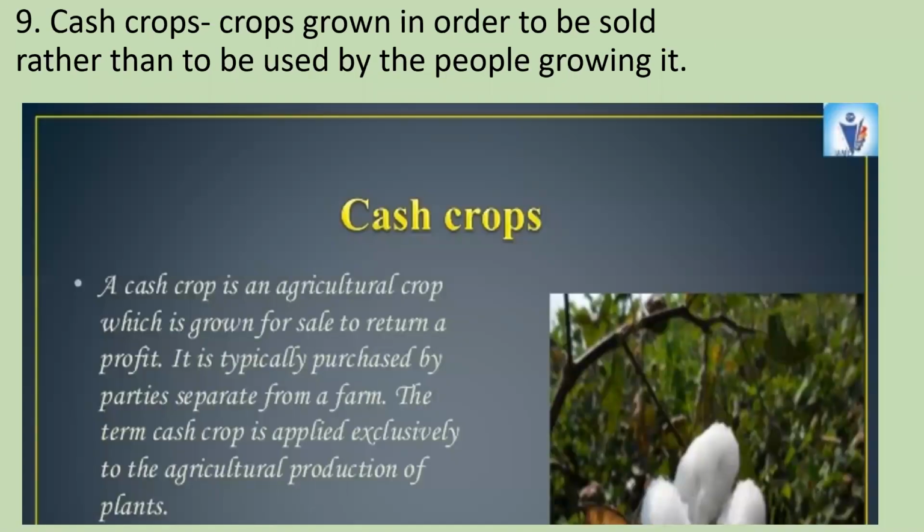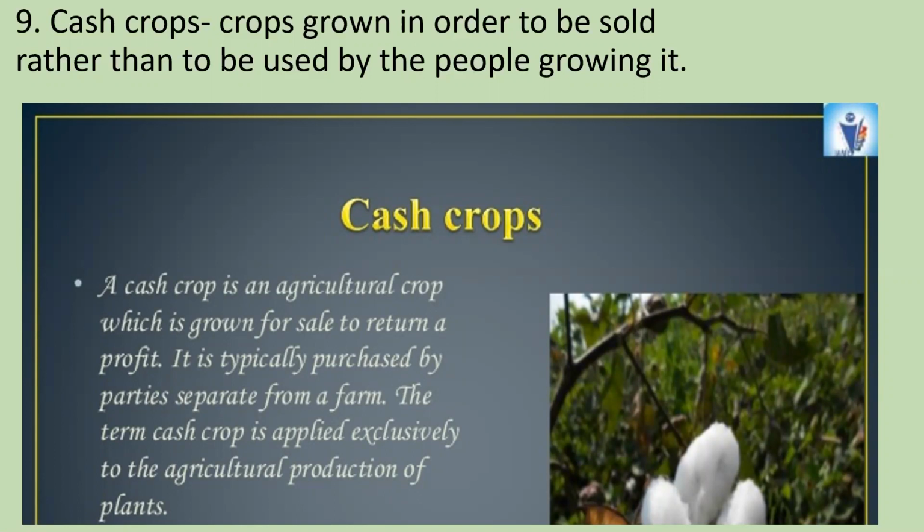Now, next is cash crops. When we are talking about cash crops, children, cash crops means the crops that are grown in order to be sold rather than to be used by the people growing them. For this, in class, I gave you the best example. For example, you have a small garden at your home. Your mother has brought some saplings or some seeds of potatoes, ladyfinger, brinjal, and tomatoes.